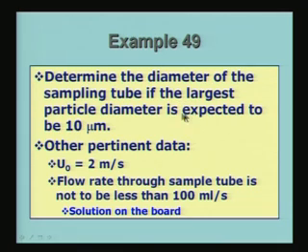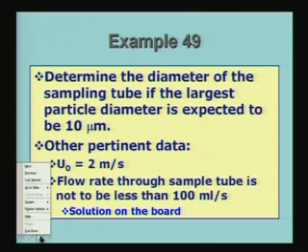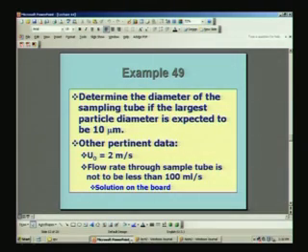The largest particle diameter is expected to be 10 micrometers, and the other pertinent data is u naught is 2 meter per second, that is the mean free stream velocity, and I want to make sure that the flow rate through the sample tube is not less than 100 milliliters per second. This is important. We will see how to design the diameter of the sampling tube. On the board I will show that.